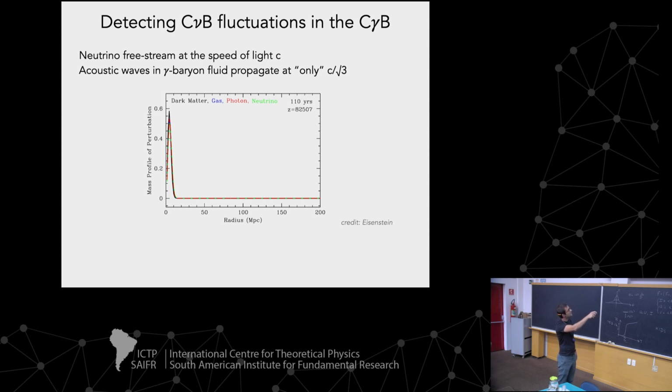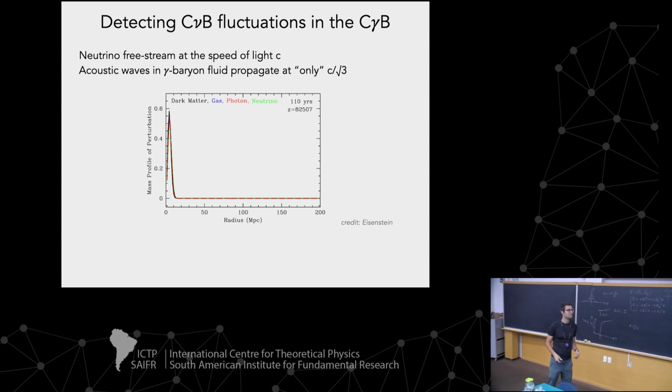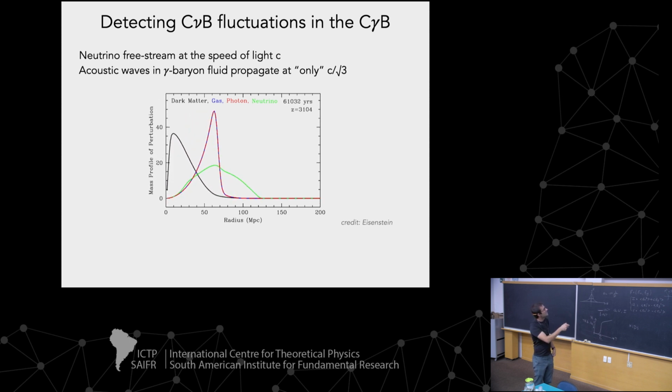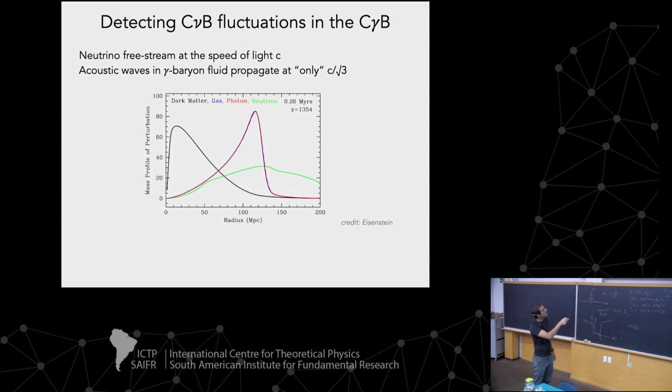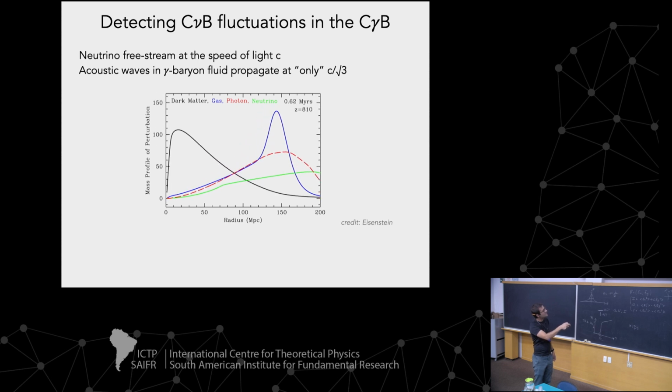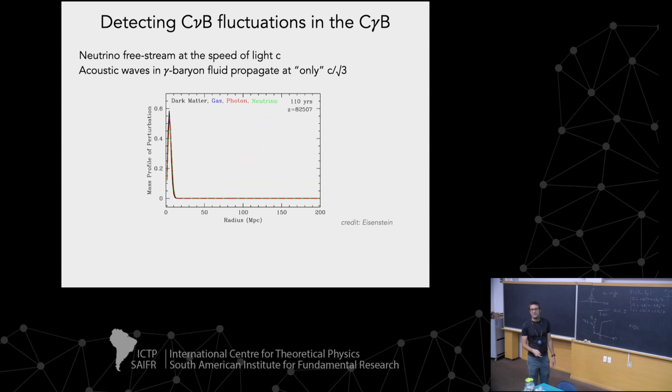And we focused on the gas and photons, where you saw that sound wave propagate over time. But this time we can also look at the neutrinos. So first let's focus on the gas, photons and the neutrinos. As I play the video, you can see this sound wave propagating in gas and photons. But you can also see the neutrinos are propagating a bit ahead of the gas and photons. So let me play this again.